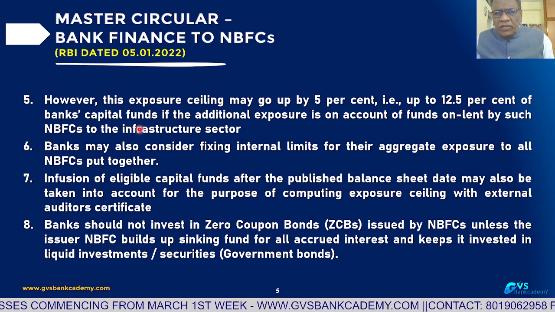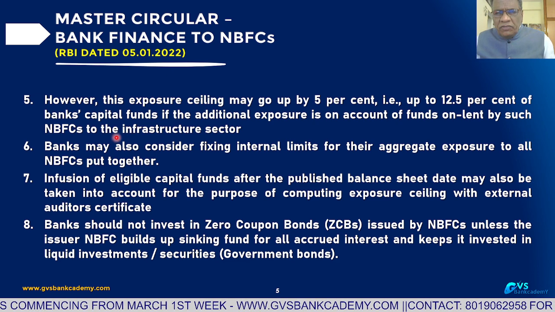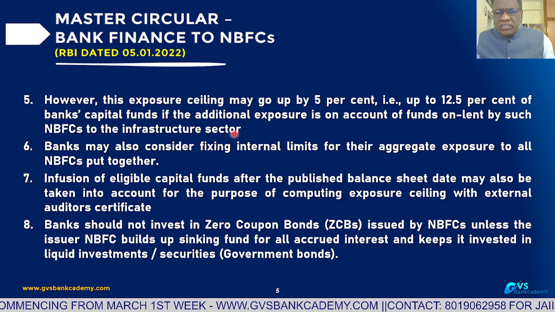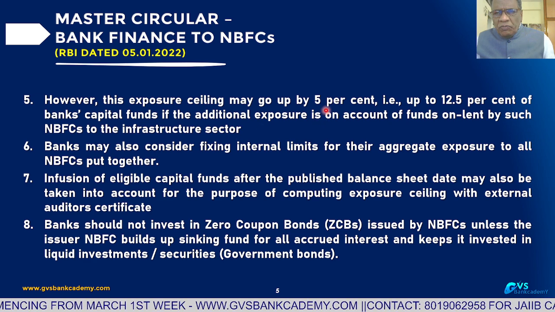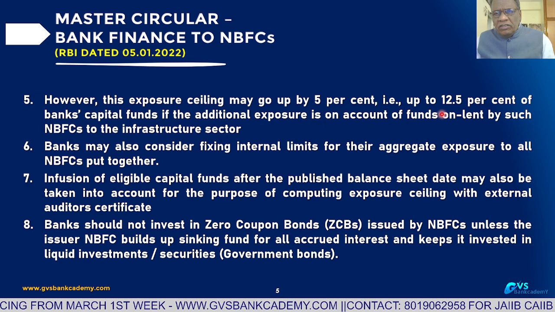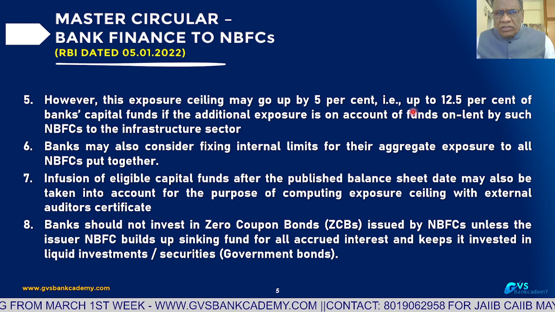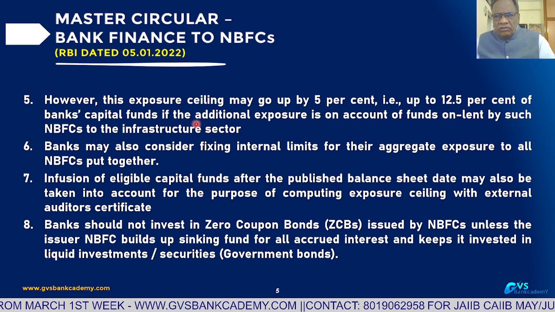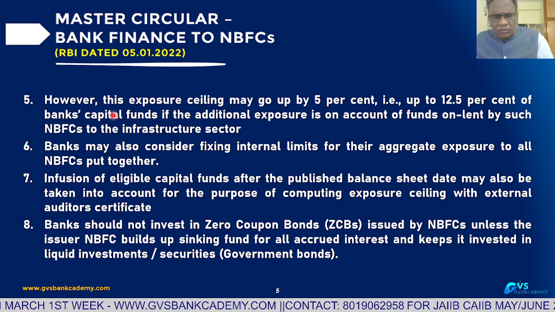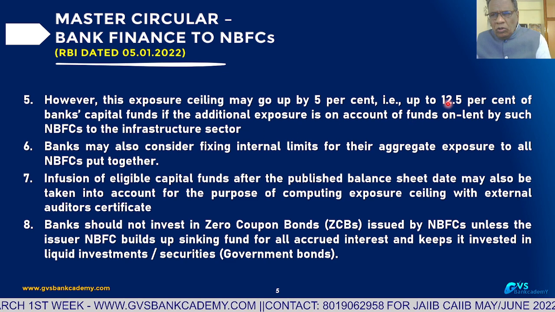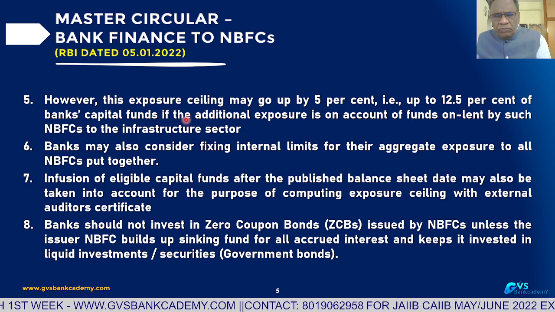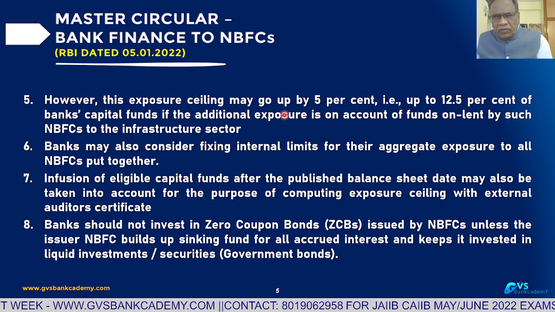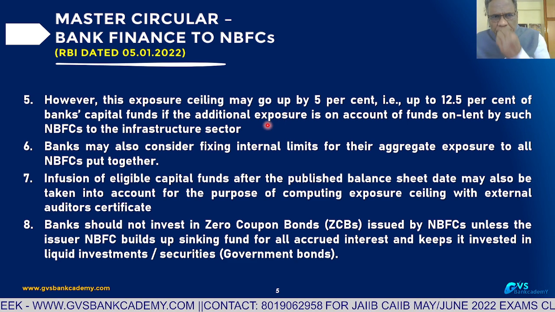Gold jewelry finance companies that are also dealing with infrastructure finance can go 7.5 plus 5%, that is up to 12.5% of capital funds, Tier 1 and Tier 2. This is gold finance companies plus infrastructure, 12.5%. Only gold jewelry finance companies, 7.5% of Tier 1 and Tier 2.